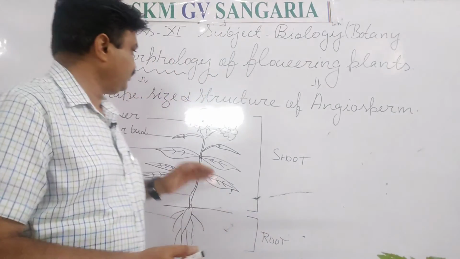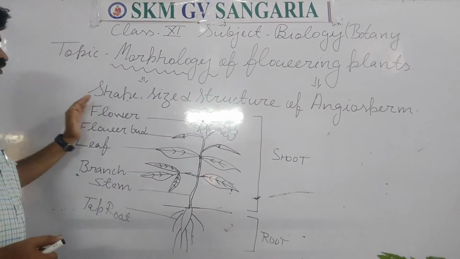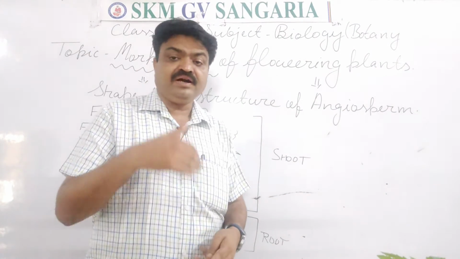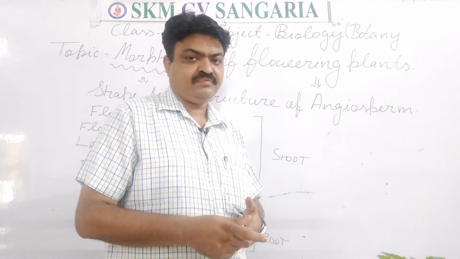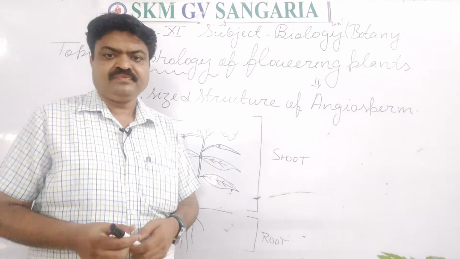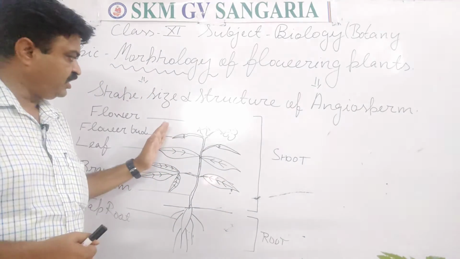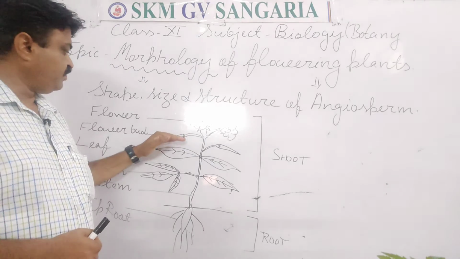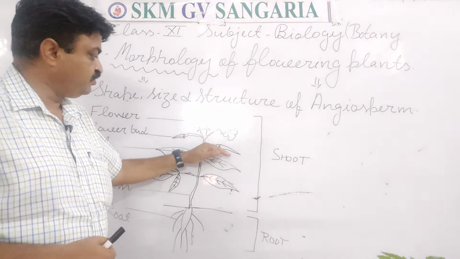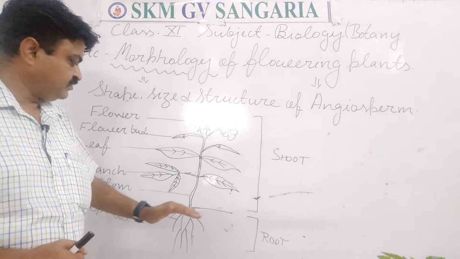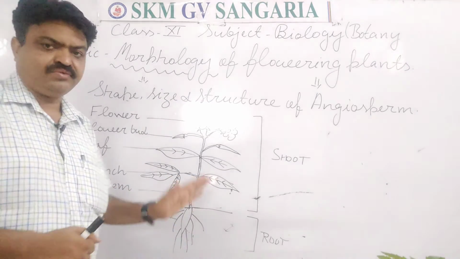Now we come to the parts of the flowering plant. There are different parts a flowering plant has, students. Like in this diagram you can easily observe the flowers, flower bud, fruit, leaves, branch, stem and root.